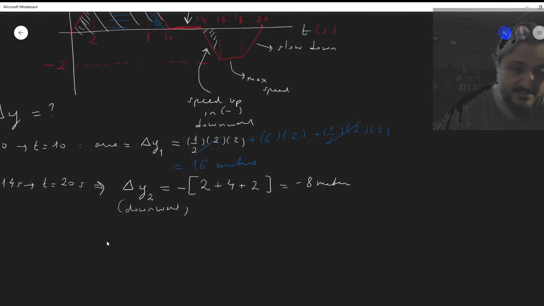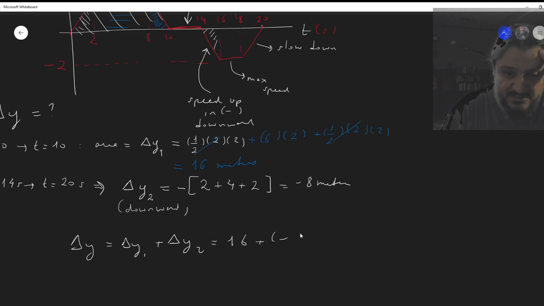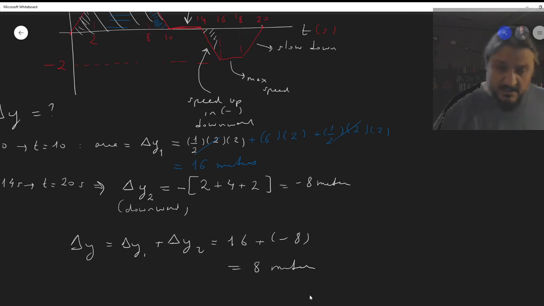So what is the net displacement? I just add these. Delta y is delta y1 plus delta y2, that is 16 plus negative 8 meters. Alright, so that's part A. 8 meters above the starting point. Alright, what is B?